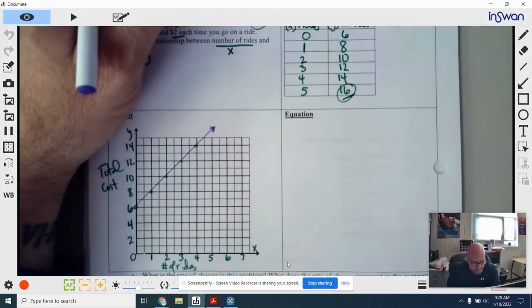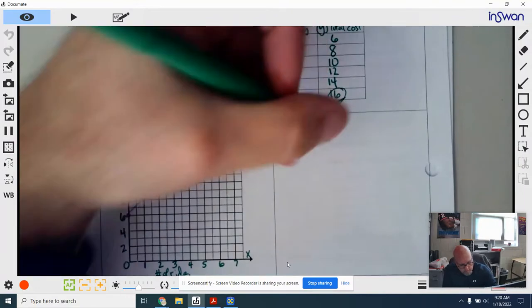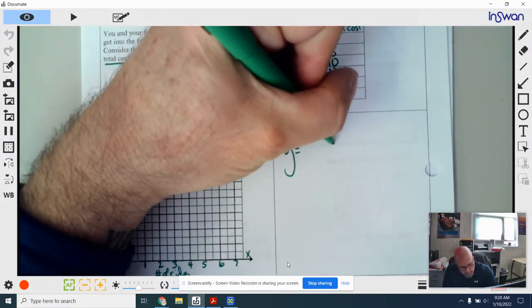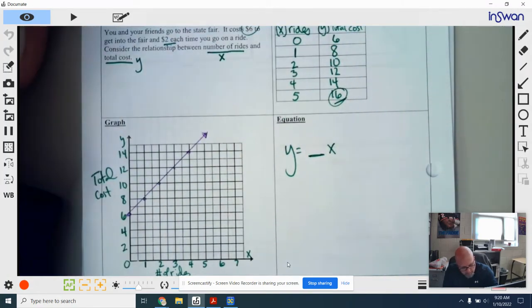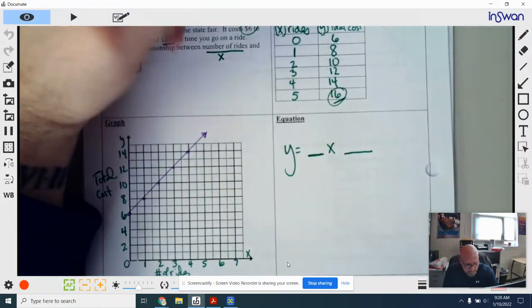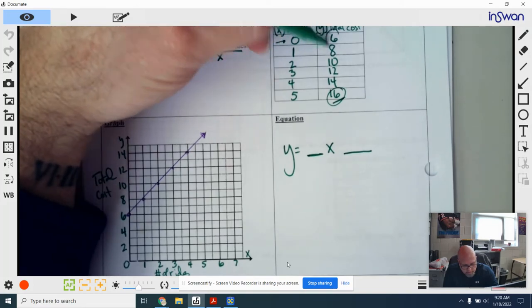Okay, so next, if I'm going to come up with an equation for this one, I need to start off with, remember, our y equals, and there's always going to be an x. We just got to figure out what the unit rate is that goes there. And then in the back is if you had any starting point, which means at 0, this is your starting point, the total cost was $6.